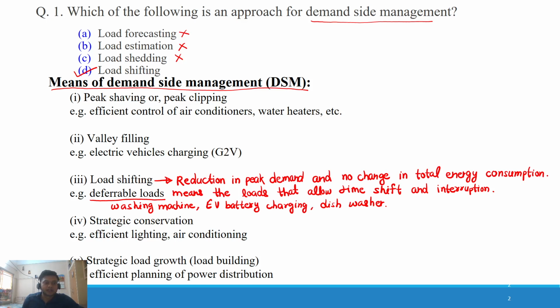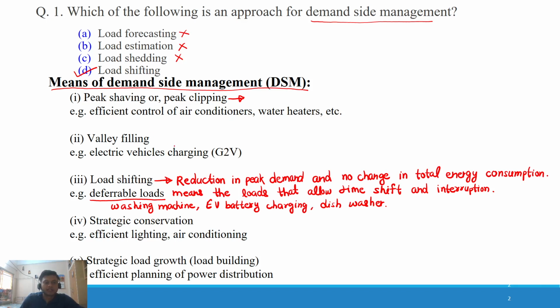Similarly, for the other demand side management approaches, we can write in terms of peak demand and total energy consumption. For peak saving or peak clipping, we clip some power demand at peak hours, so there is a reduction in peak demand and also in total energy consumption. That is the difference between load shifting and peak saving.